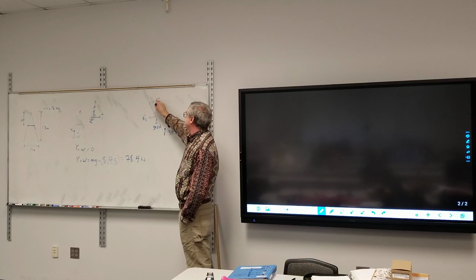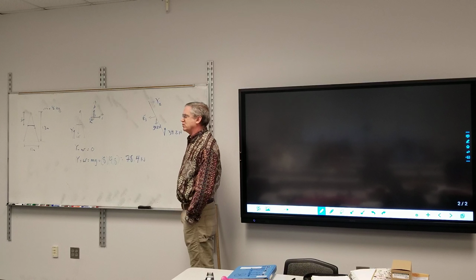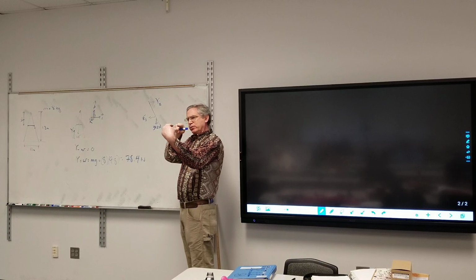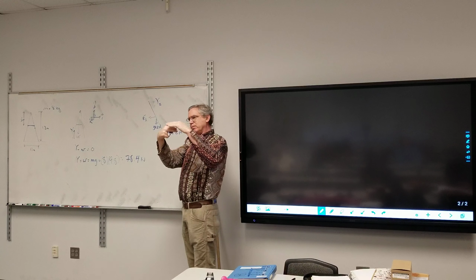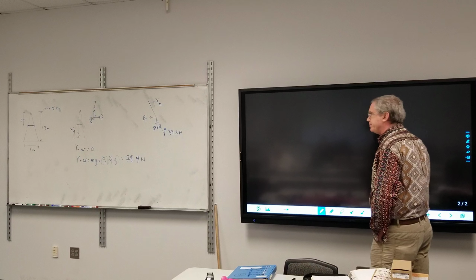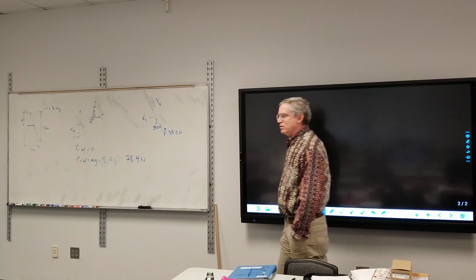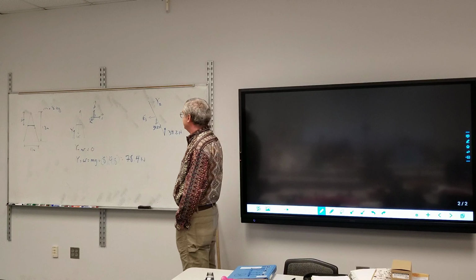I'm going to call it Y2, because basically you're pushing against this bolt at the top of the ladder. It's pushing against it, the bolt's pushing back. I'm making an assumption that the chain has no significant mass. Indeed, sir.